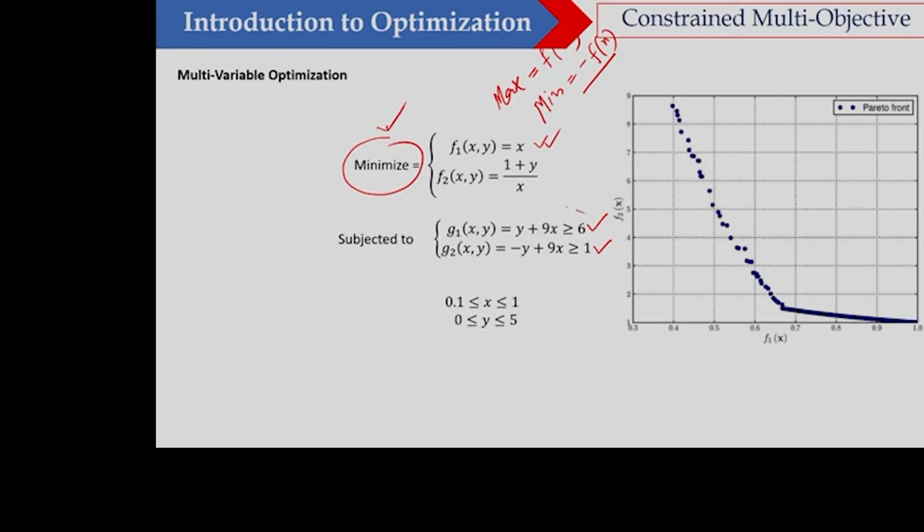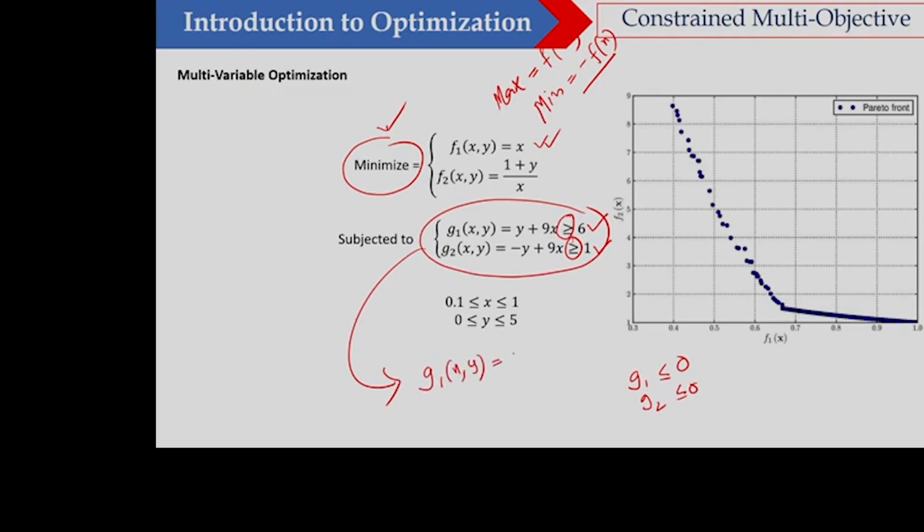Now, look at the constraints. The constraint functions should be g1 less than or equal to 0 and g2 less than or equal to 0, but here they are greater than or equal type. So, I will convert this one, that is g1(x, y), equal to minus y minus 9x, less than or equal to minus 6.